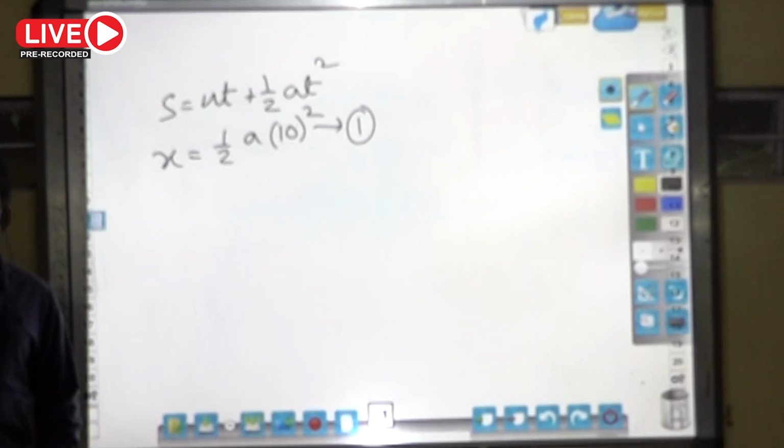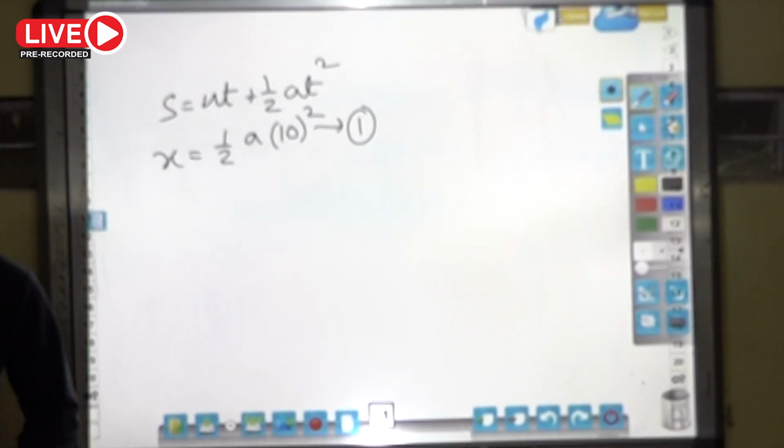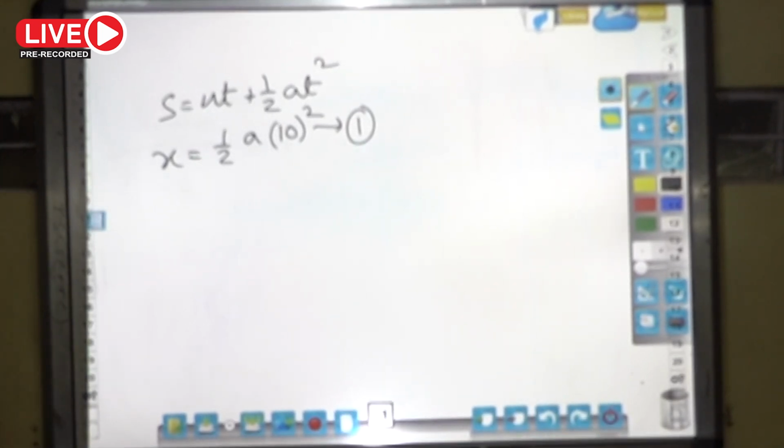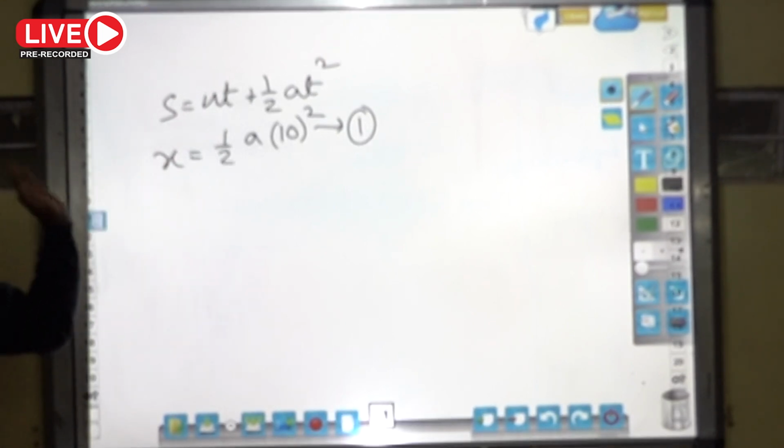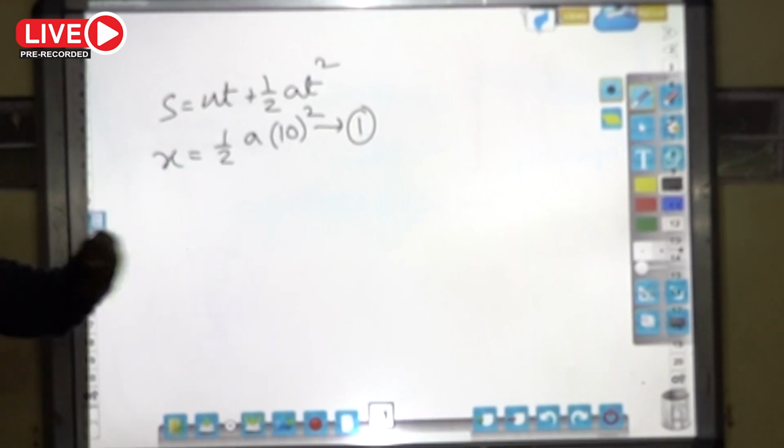For the second part, if you again use y equal to some initial velocity plus half a into 10 square, first you have to calculate the initial velocity which the particle acquires after the first 10 seconds. This is a total journey divided into two time intervals, 10 second and 10 second, throughout which it moves with constant acceleration.